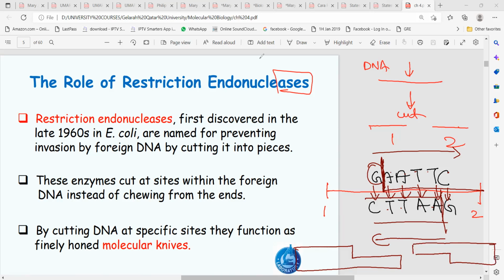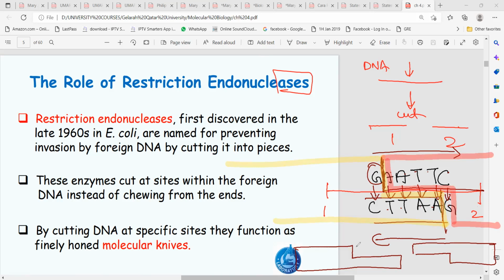When it cuts here and it cuts here, what will happen? These two regions will separate. Clear? This will become one region, and this will become another region.